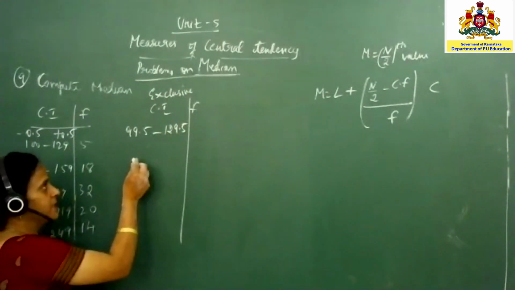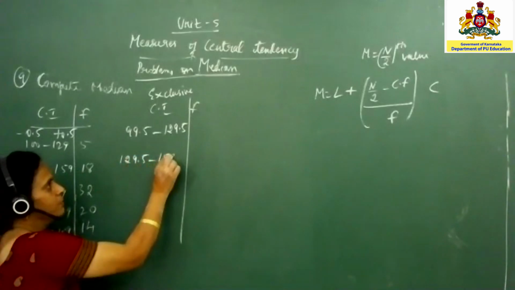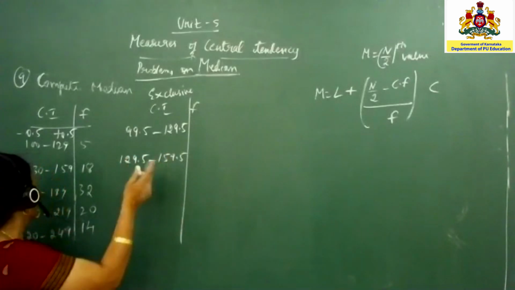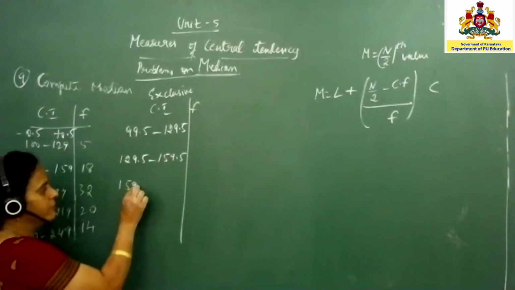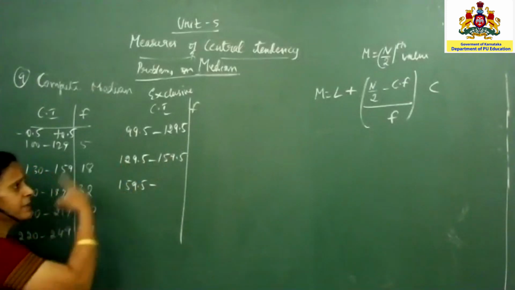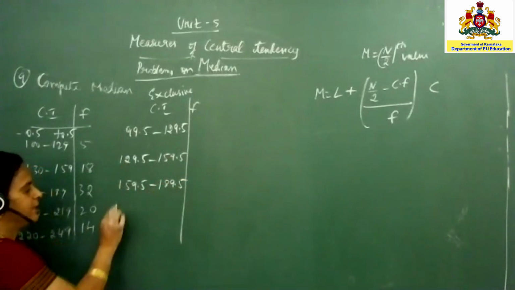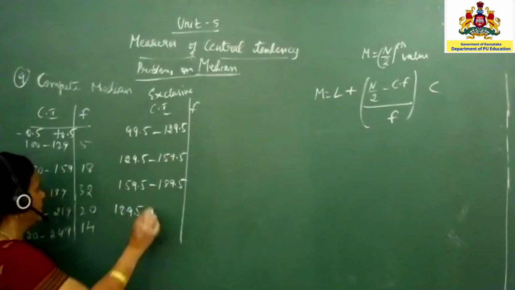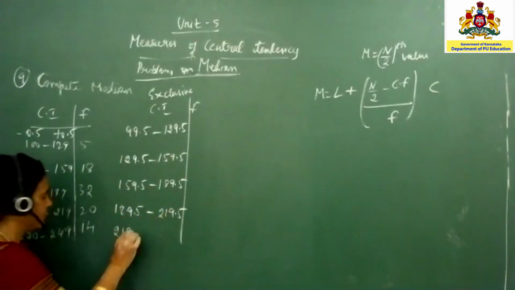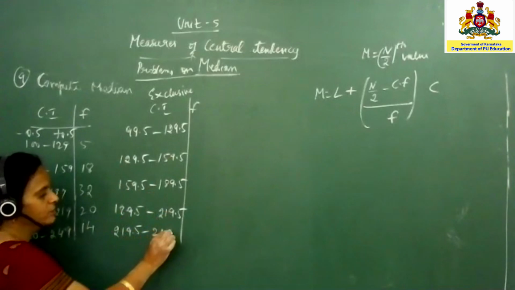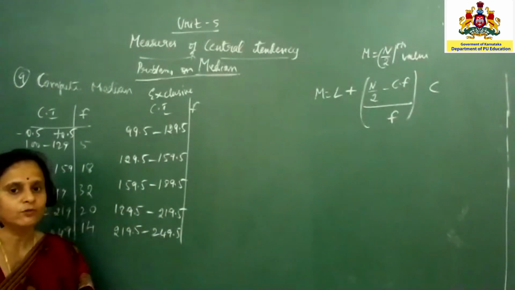Next, 130 minus 0.5 is 129.5, and the upper limit gives 159.5. 160 minus 0.5 is 159.5, 189 plus 0.5 is 189.5. The same way, 189.5 to 219.5, and last, 219.5 to 229.5. So I just converted to exclusive form.